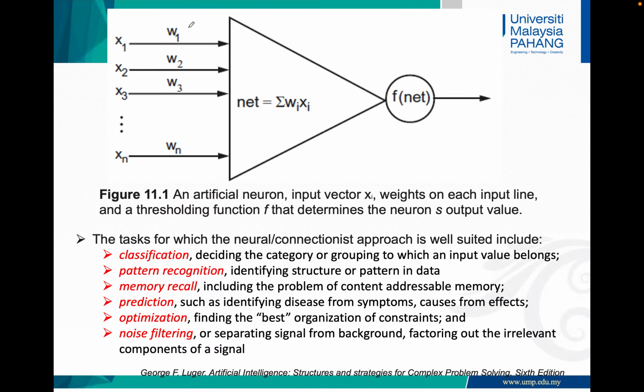We have the weights w1, w2, w3 until wn, and the total weight and the formula for the neuron. There are many tasks that you can do using the neural network. These are some of them: classification, pattern recognition, memory recall, prediction, optimization, or even noise filtering.